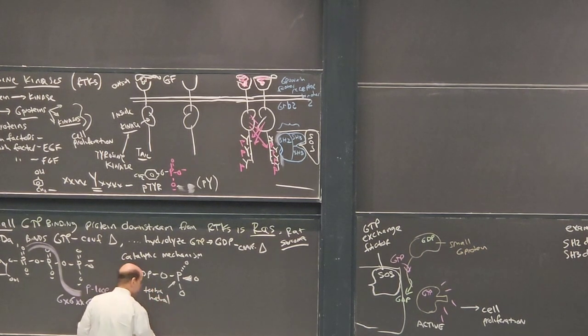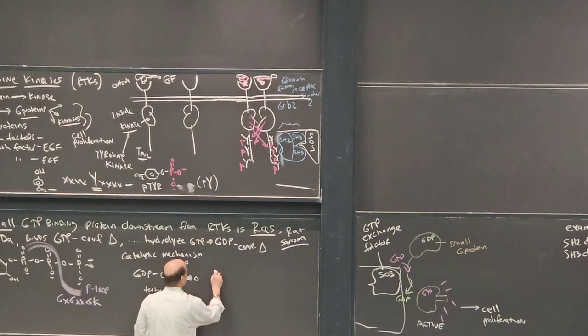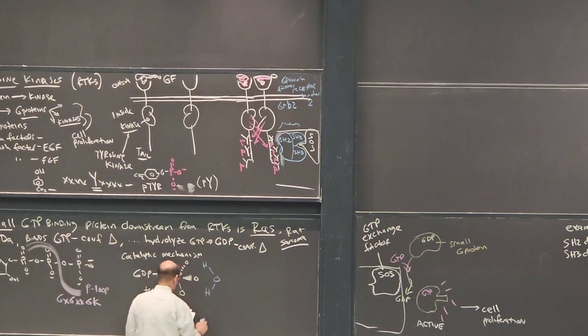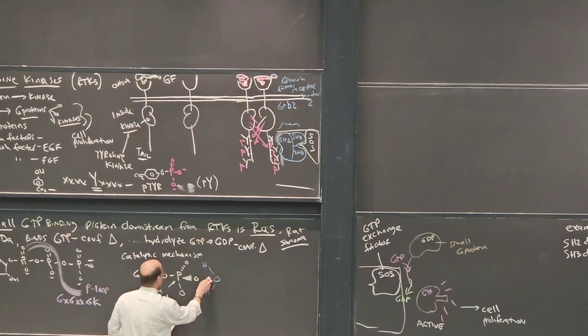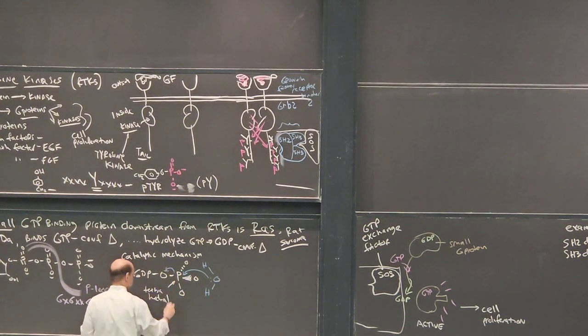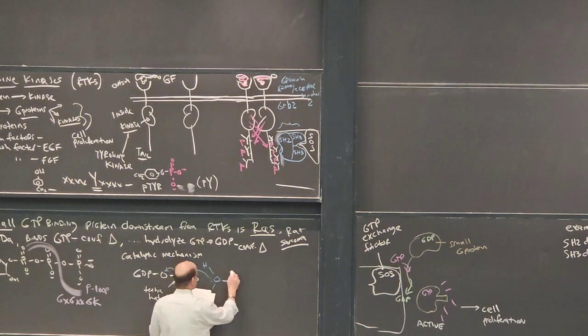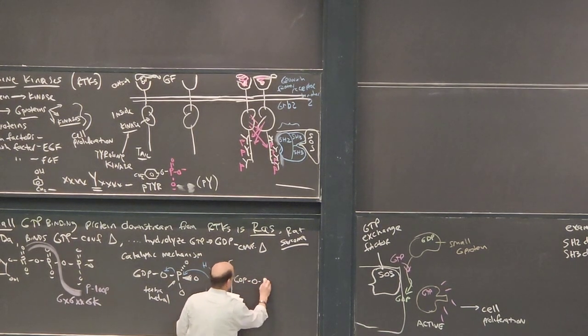Now, a water molecule is going to come in. And if I activate that water molecule appropriately, that water molecule can attack that phosphate group, and I can begin to break this bond with the GDP. And so I will end up in a transition state that's going to look something like this. GDP, O, P.